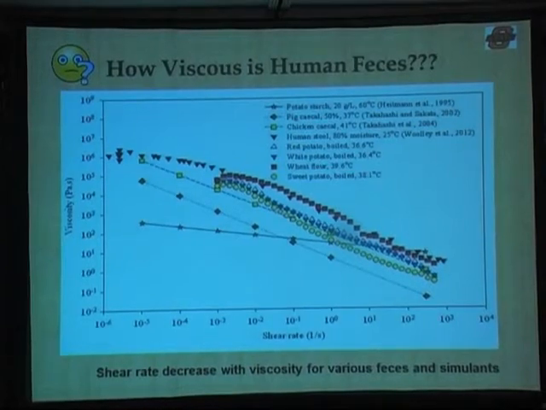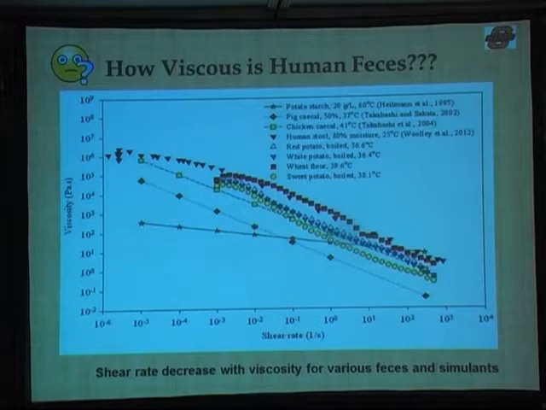And basically what we were interested in looking at was something that would match these black inverted triangles. And what we've been using most for our viscosity tests has been potatoes. And we just boil them up and we run them through our reactor.